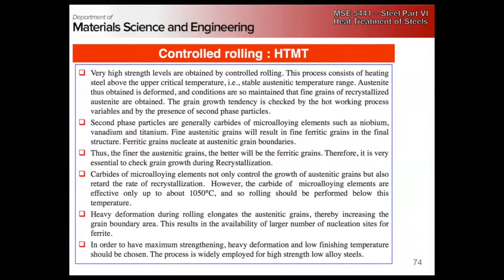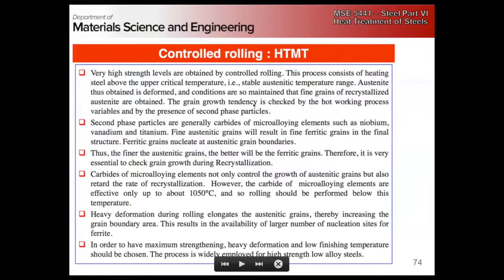Why are we going to deform at high temperatures? Because we want to recrystallize in the austenite phase so that we have a very fine austenitic structure. If we just take it up to high temperature and sit, we're going to grow the austenite grain size out. But if we deform in the hot condition in the austenite regime, we can recrystallize and have fine grains.